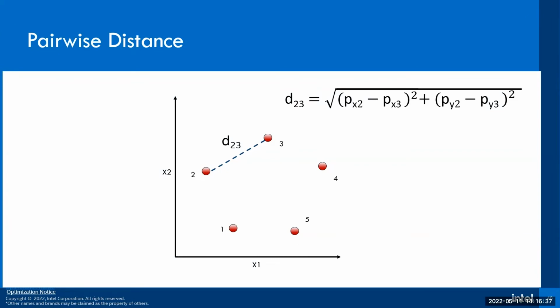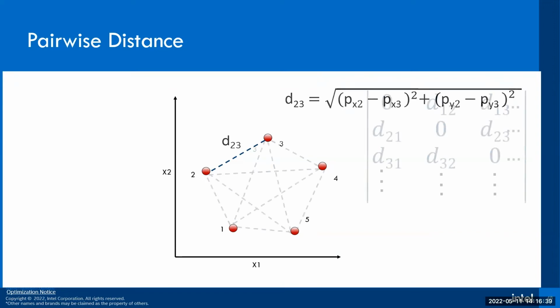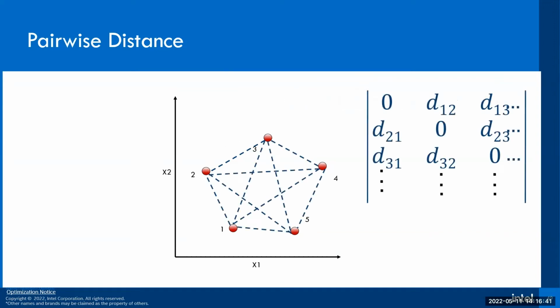Finally, we calculate all the distances between all pairs of points, and then we put them into the distance matrix. In this case, we have 5 points, so it will be a 5 by 5 matrix. All the diagonals are 0, because the distance between 1 and 1 is 0, and between 2 and 2 is 0, and so on.